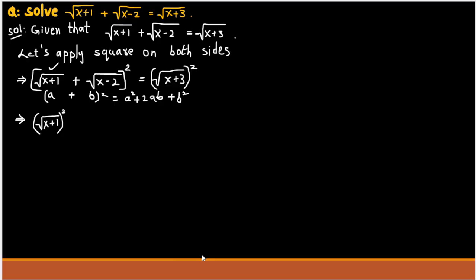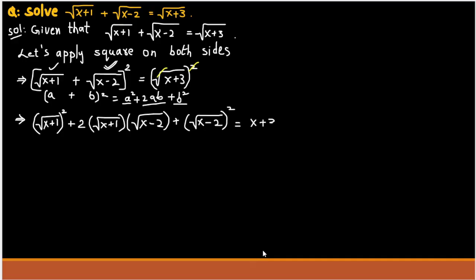So in place of a square we write square root of x plus 1 whole square, plus in place of 2ab we write 2 into square root of x plus 1 into square root of x minus 2, plus b square, which is square root of x minus 2 whole square, is equal to, here the square root and the square get cancelled, so it becomes x plus 3.